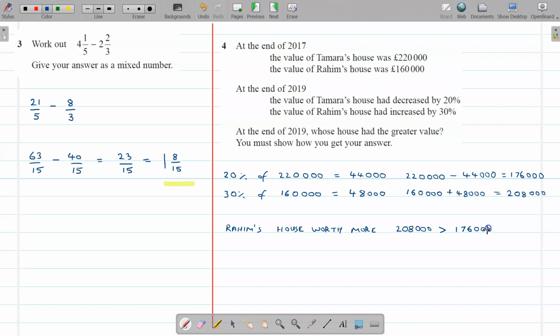Okay, you've got to have those figures to make that comparison. You can't just answer the question without that supporting working out.